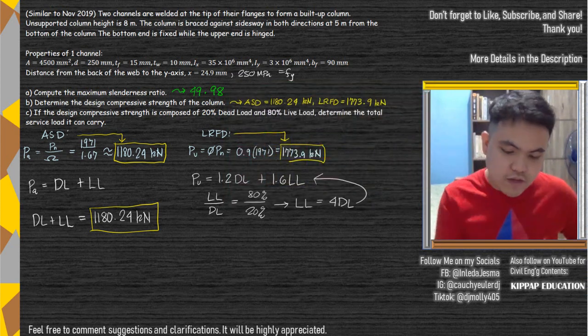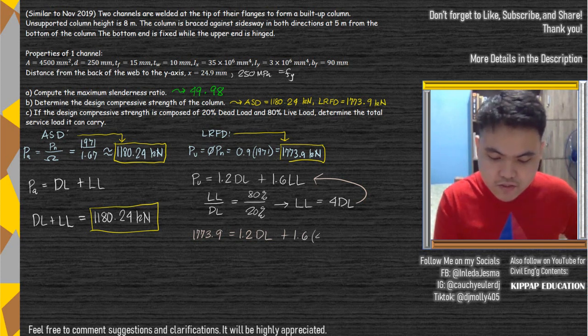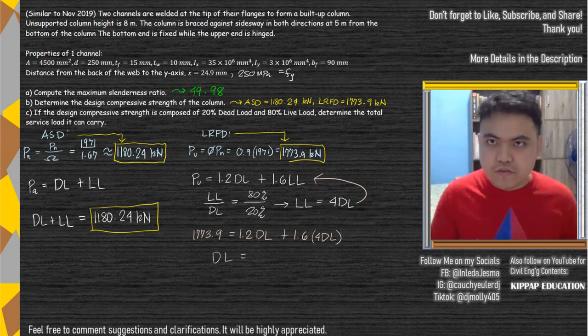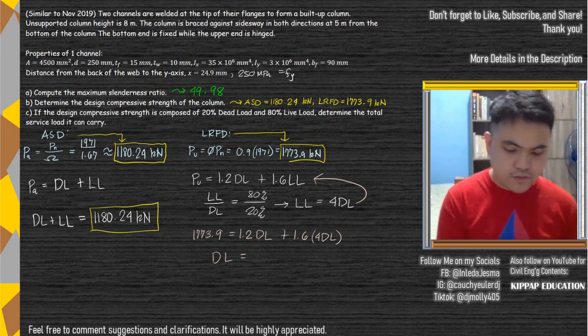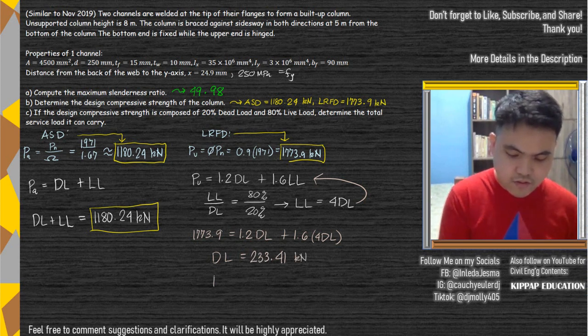Yan ngayon isa-substitute natin dito sa may equation na to. Diba? So, ano yung P sub U natin? 1,773.9 equals 1.2 nung dead load plus 1.6 nung live load, which is 4 times dead load. Here, you can solve for the dead load. And the value of the dead load is 233.41 kilonewtons. Therefore, for the live load, 4 times dead load lang siya.